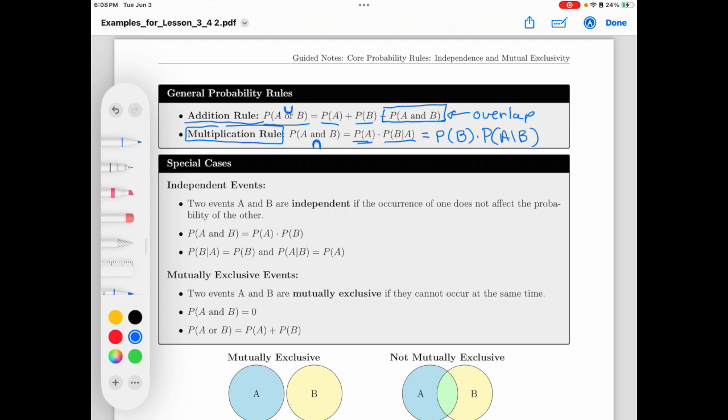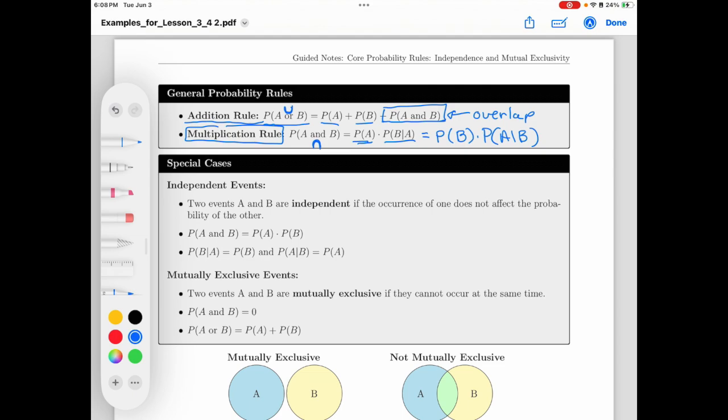All right, now let's look at our special relationships more closely. We're going to talk about independent events and mutually exclusive events. Independent events are situations where one event doesn't influence the other. So think about an event where you're flipping a coin and an event where you're rolling a die, and you're doing that back to back.